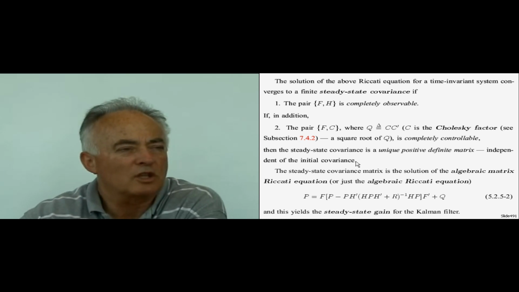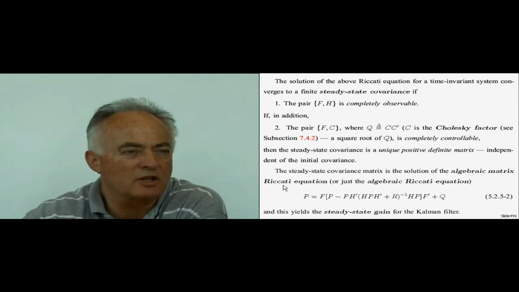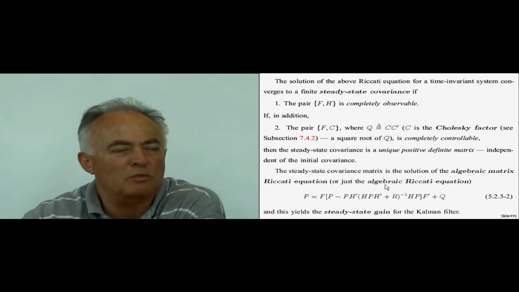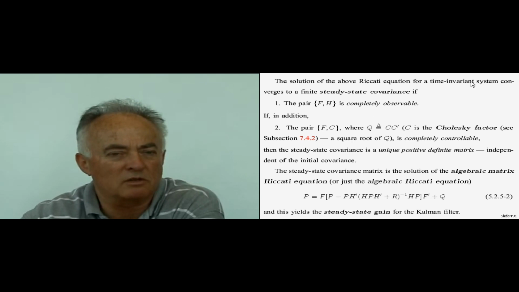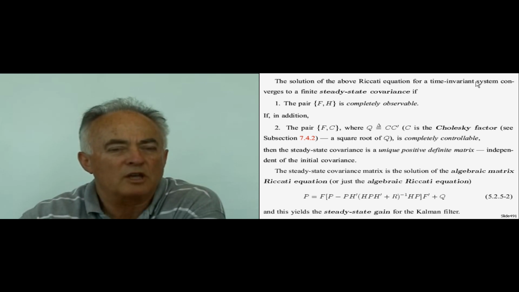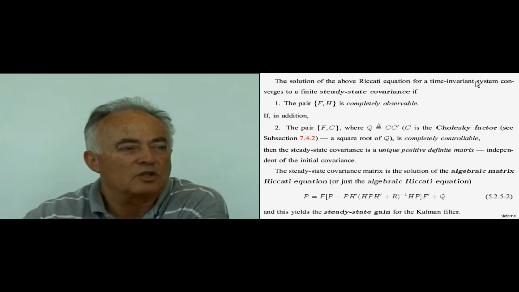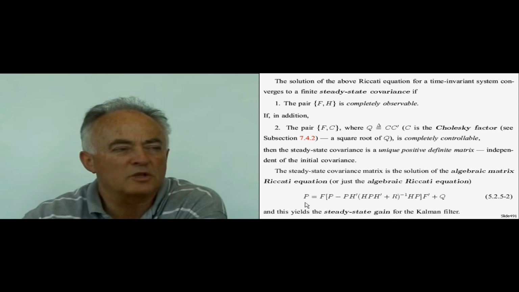The steady state covariance is the solution of the algebraic matrix Riccati equation, or just algebraic Riccati equation, which is what we had before, with all the time arguments removed. Remember, we are talking about a time invariant system. F is time invariant, Q, H, and R are all time invariant. And this P here is the one-step prediction covariance.